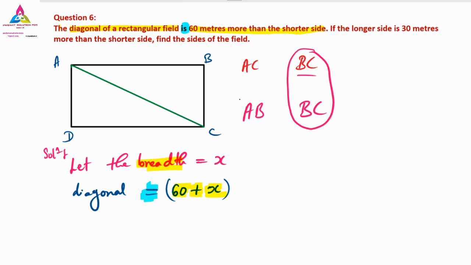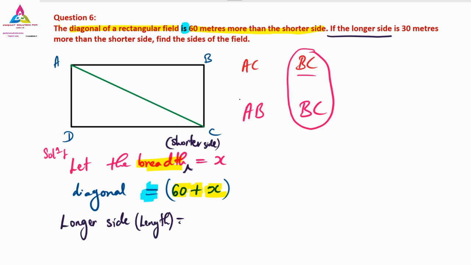So you understood the diagonal? Next we will go to the second one, the longer side. We can take the length, or write longer side, and in brackets note shorter side, so there will not be any confusion. The longer side, or the length, is equal to what?